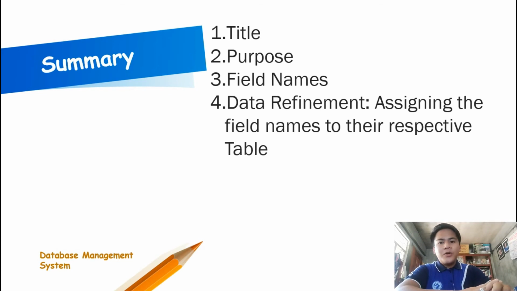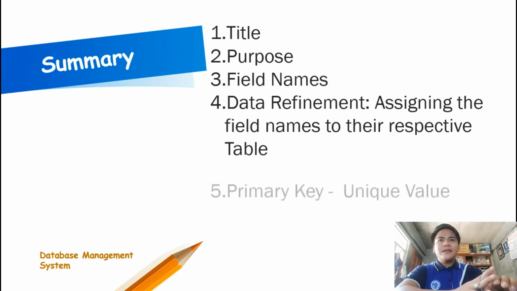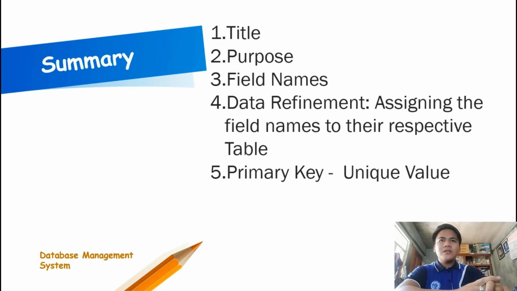Then of course, in order for you to identify the table, you need to analyze your purpose. Kung ano yung mga information na kailangan natin at ano yung mga table na kailangan din po natin. The next, we have discussed also the primary key. If we are going to assign the field name as the primary key, then yung field name na yon, mag-a-accept lang po siya ng unique value.